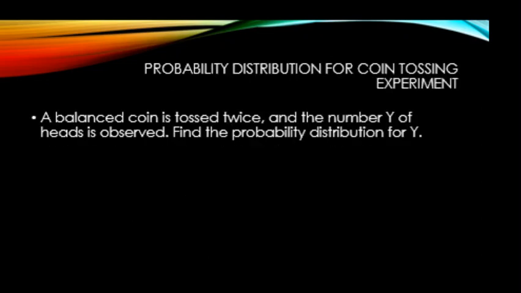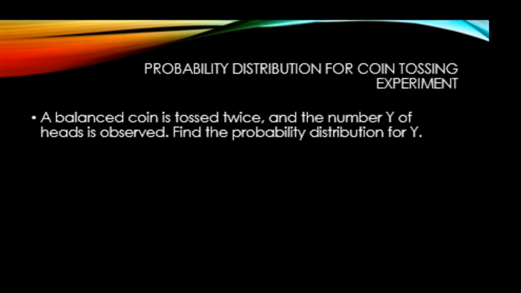Now let's think of an experiment, a very simple one. We have seen that in the past. And this time we want to define the probability distribution as a discrete random variable. So let's say we have a balanced coin which is tossed twice, and we define a random variable y, which is now the number of heads observed. So think about this.